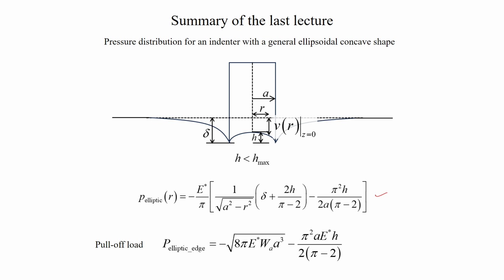We also obtained the expression for the pull off load. And remember that we had also obtained the value of H max, that is, when the pull off load is maximized, what the optimum shape of this concave head is. We deduced that in a previous lecture.